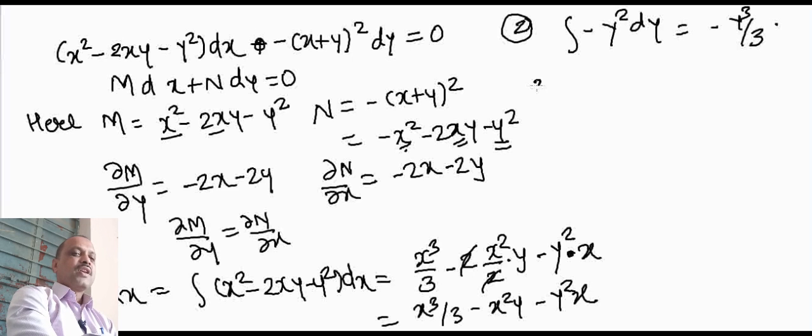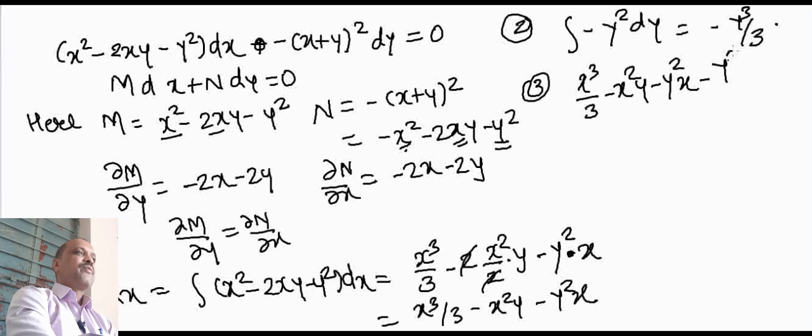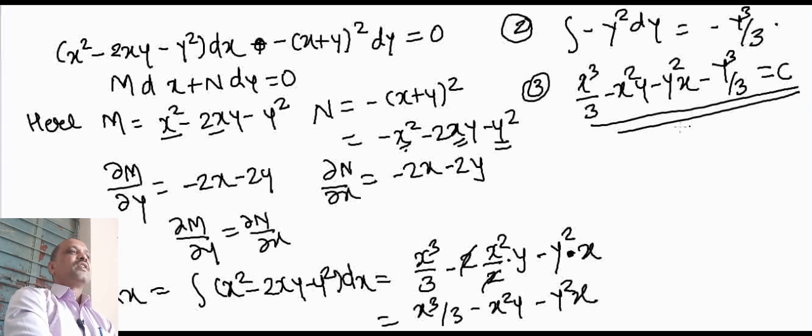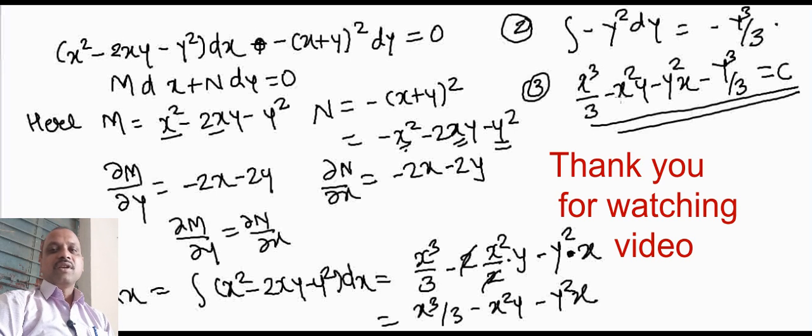Now, here you find the solution. In the third step we have to add these two and equate to a constant. So, x cube divided by 3 minus x square y minus y square x minus y cube divided by 3 equals c. This is the solution of the required exact differential equation.